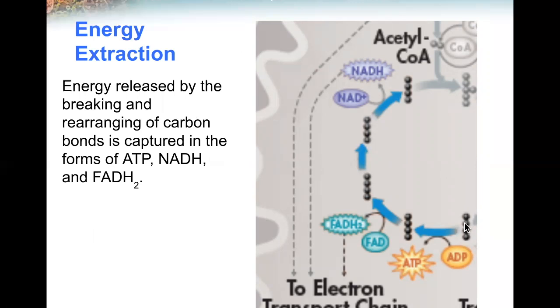The 4-carbon ADP is converted to ATP, and FAD is converted to FADH2, and that energy is sent on to the electron transport chain. As you go around one more time, NAD plus converts to NADH, also to be sent to the electron transport chain. And here is your 4-carbon chain that combines with acetyl-CoA as it continues the cycle.